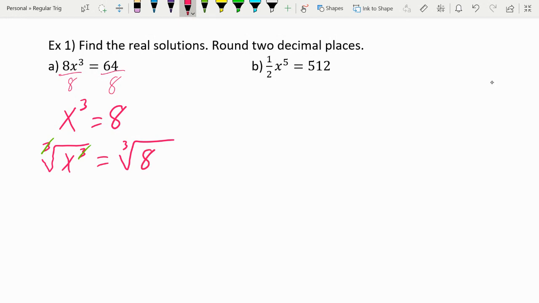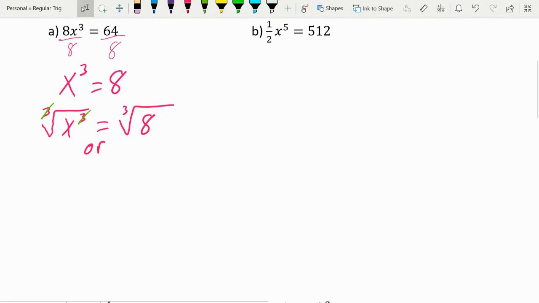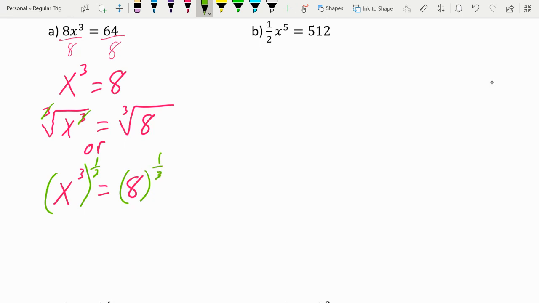Remember, in the last lesson I showed you how to type this into your calculator. Or another way to think about it: you have x to the third power is equal to 8, and you can raise both sides to the 1/3 power.